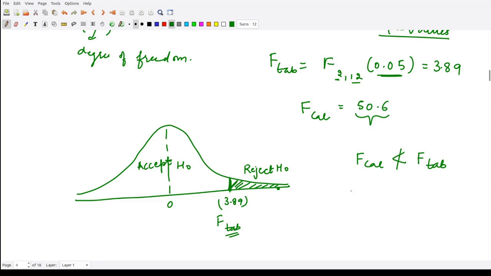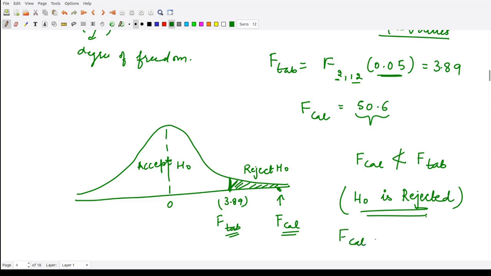So that means in this case we will reject our null hypothesis. Why? Because your value lies somewhere here. This is your F calculated value. So it lies in the critical region.